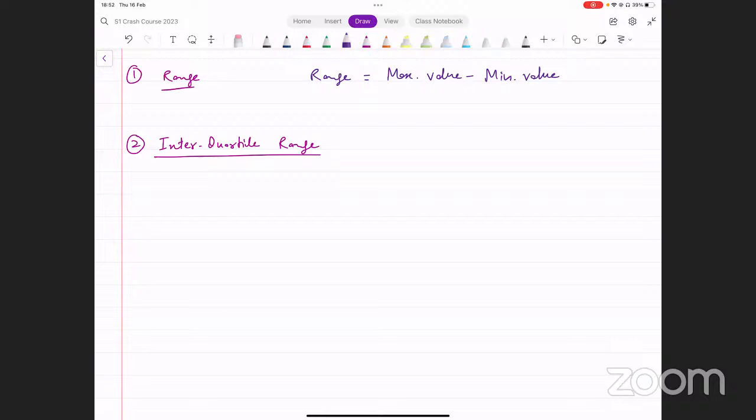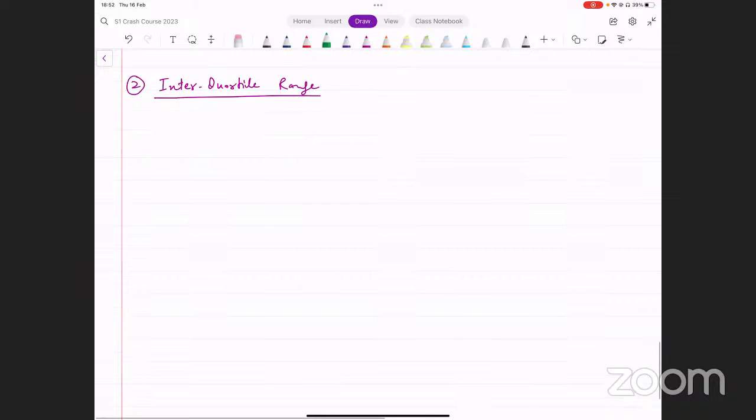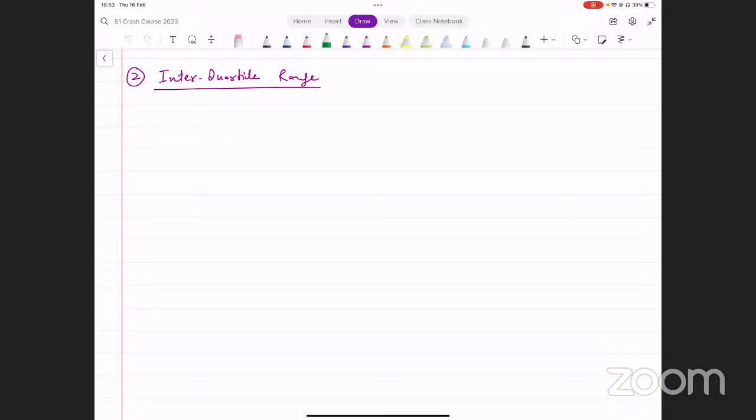All right. Let's take an example. Remember what interquartile range used to be? Interquartile range was upper quartile minus the lower quartile. But how do you find those upper quartile and lower quartile? That is what we're going to talk about now.